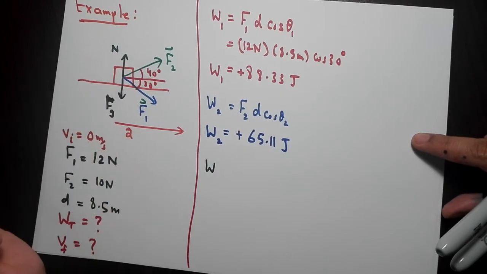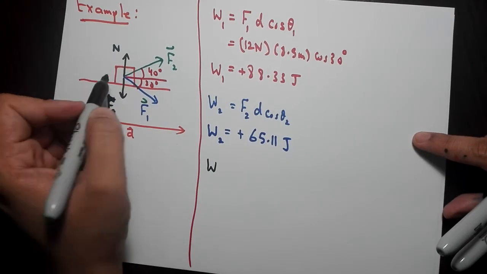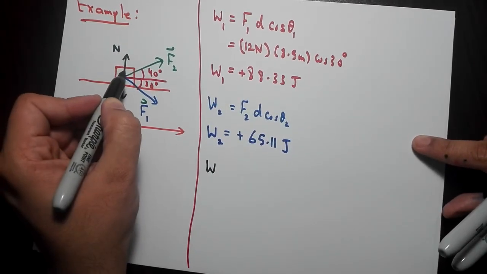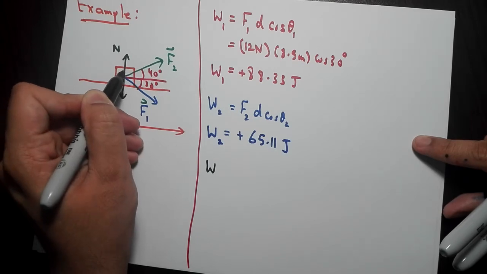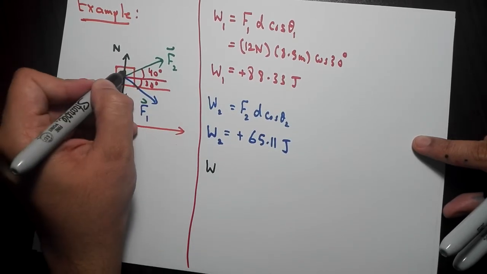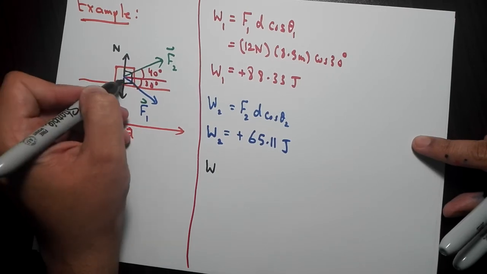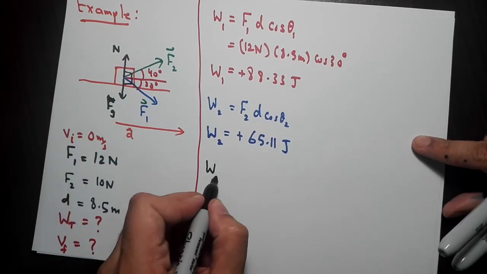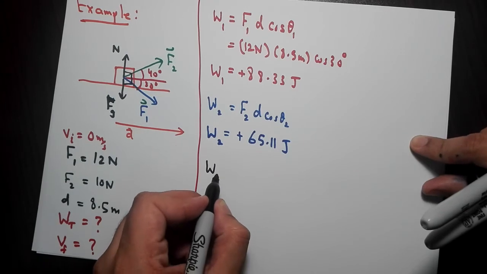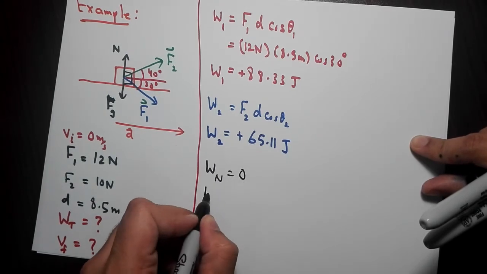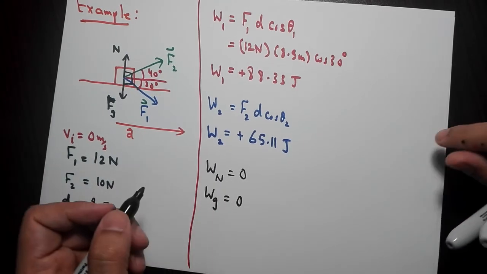Now the work done by the normal force and weight is going to be what? You guys should know what the answer should be for these, right? It's an easy question. The normal force makes an angle of 90 degrees, and so does the weight. Okay, so because theta is 90 degrees, the work done by the normal force is 0, and the work done by gravity is 0.